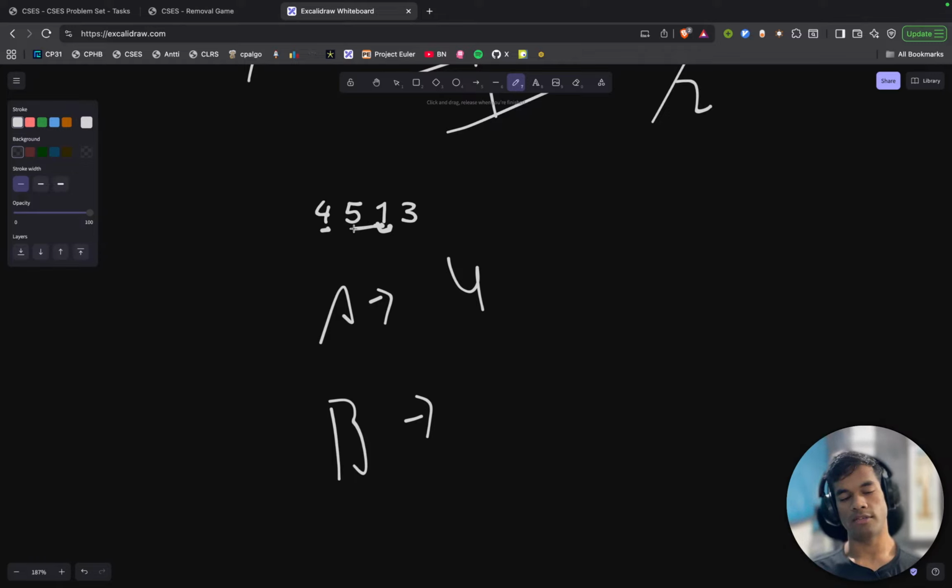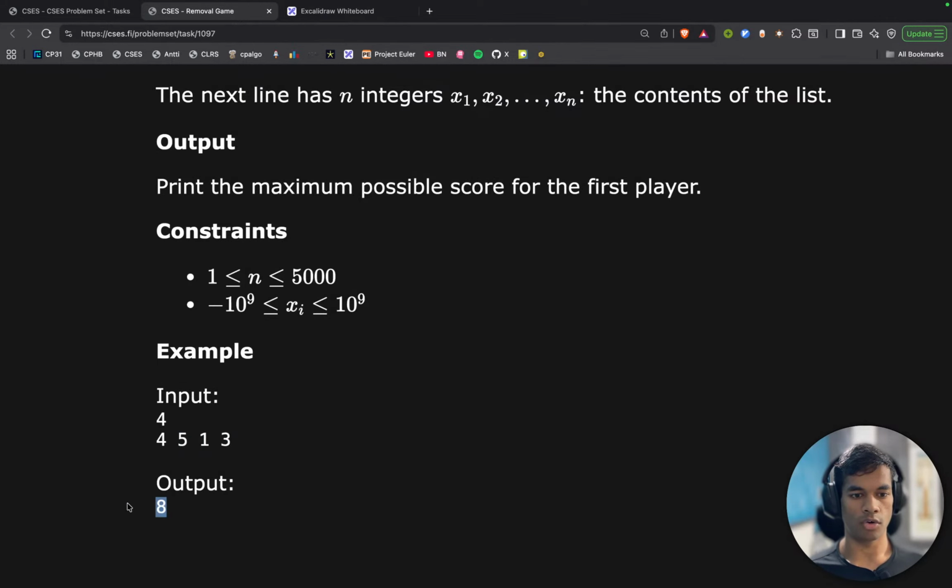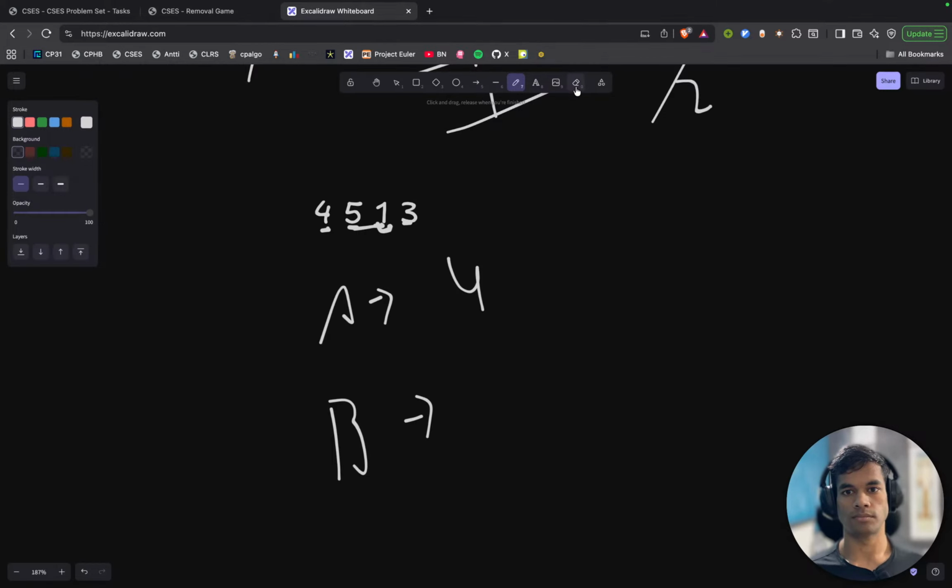And now Bob has a choice either to go with 3 or with 5. If he goes with 3, that would be bad. How are they even getting to an output of 8? If Alice goes with 3, then she needs 5.